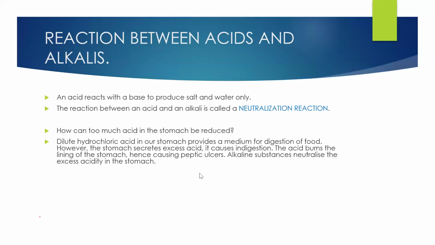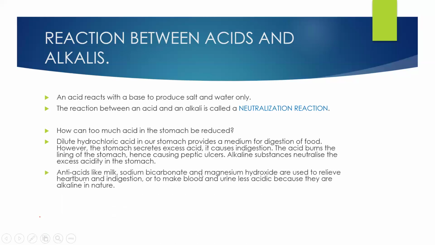So in this case, we have substances that we can use. We can use antacids like milk of magnesia, sodium bicarbonate, which is baking soda, like I've seen in the chart, and magnesium hydroxide. That's why most people, when they go to the hospital, are given magnesium syrup or magnesium tablets to calm down the intensity of their peptic ulcers.